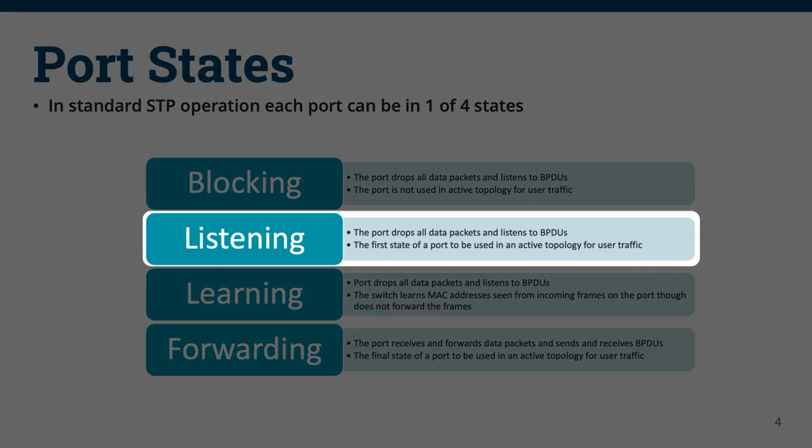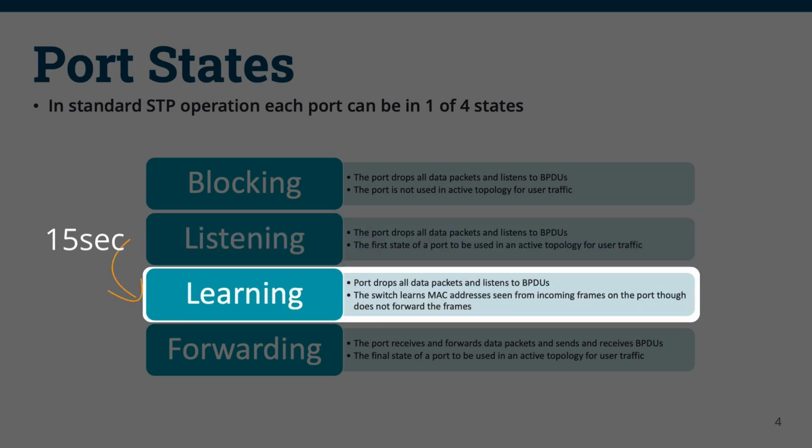In this state, the port is discarding user traffic still and is simply waiting 15 seconds to make sure the topology doesn't change again before moving to the learning state. If the topology does change again, as indicated by BPDUs received, then a new calculation would occur and potentially result in the port transitioning back to the blocking state.